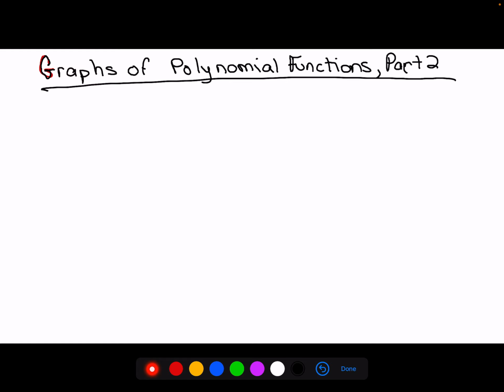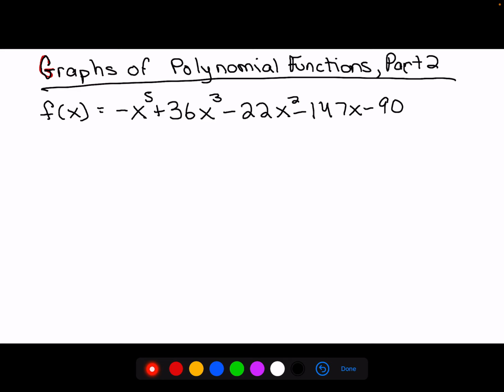All right. What if you're given the function and you're also given what the graph looks like? I'm just going to do a rough sketch of this graph. I'm not going to be fancy and perfect.